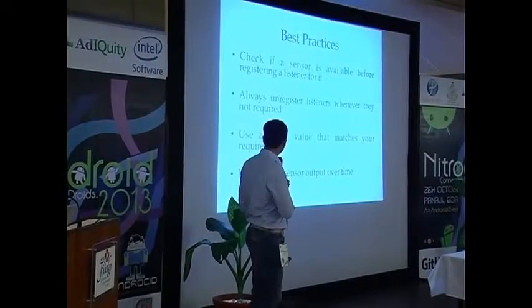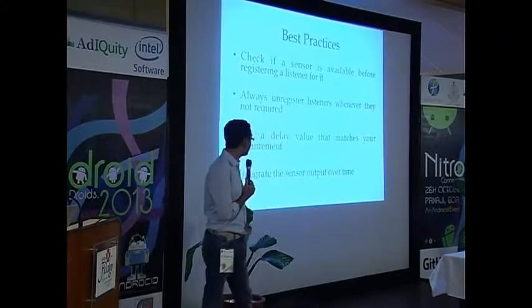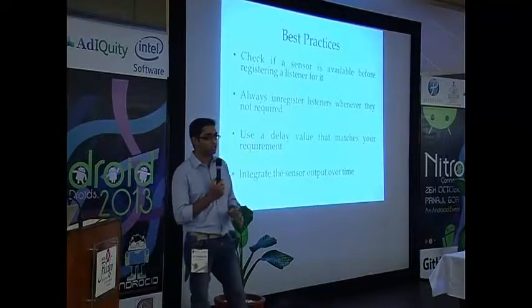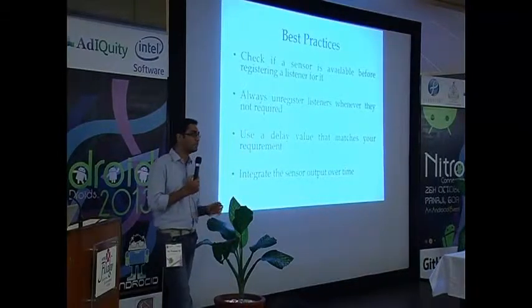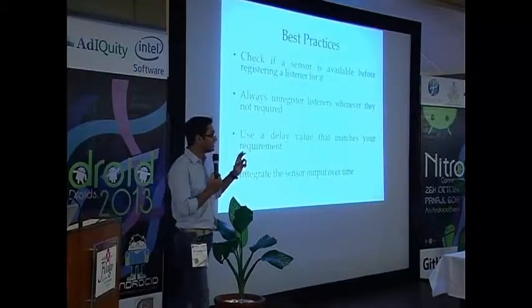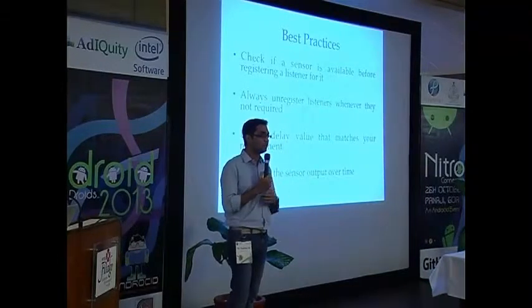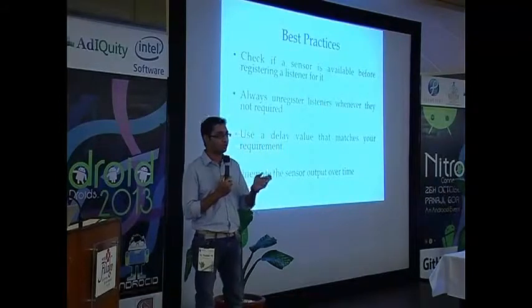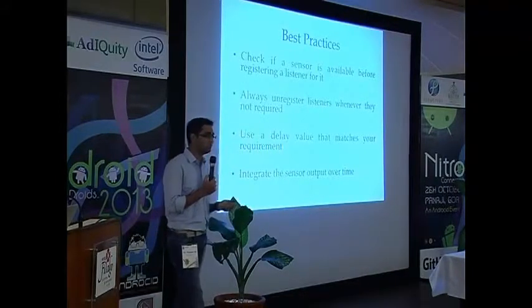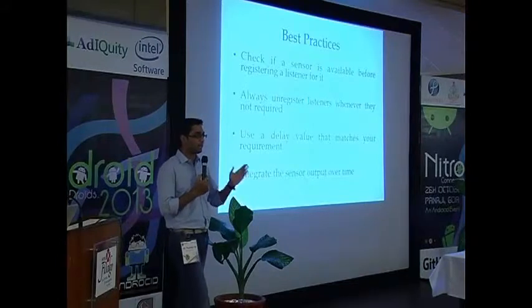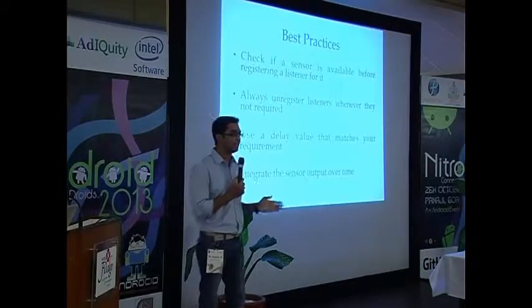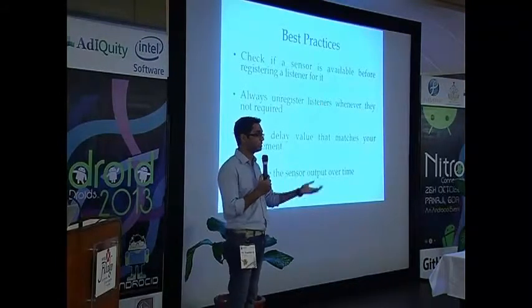And the next and last best practice is to integrate the sensor output over time. As you have seen, the data changes really quickly. It's just too fast, and you don't need it to be that fast or that accurate. So when we are working with sensors, collect the values over a few milliseconds, and then do something with them.